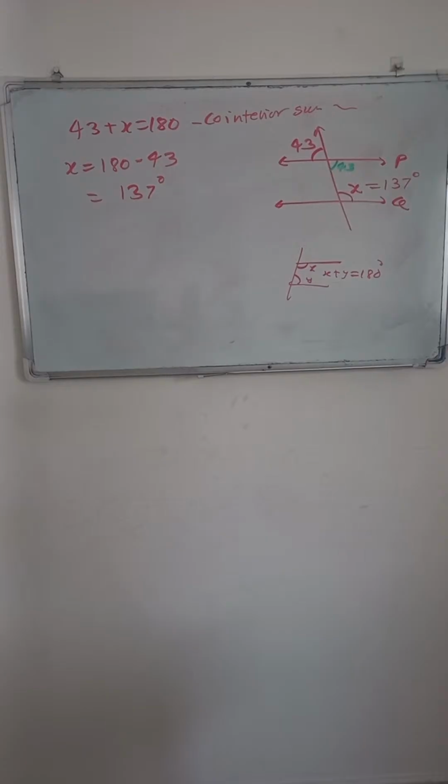Next question. If two angles 30 minus A and 125 plus 2A, if each one is a supplement of the other, then find the value of A. I'll repeat.